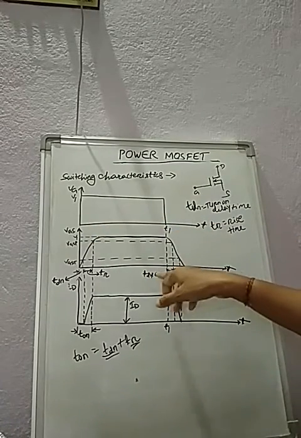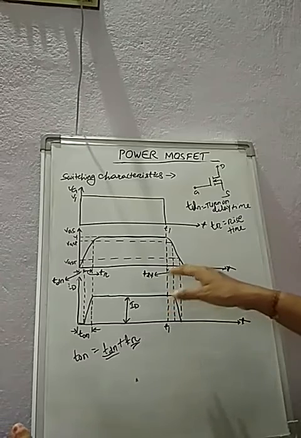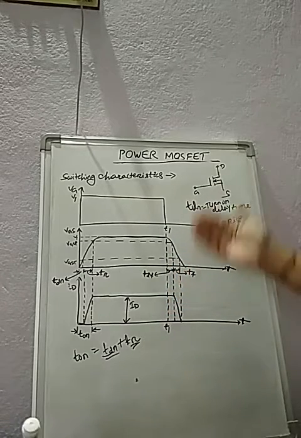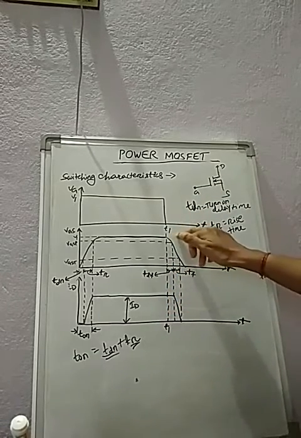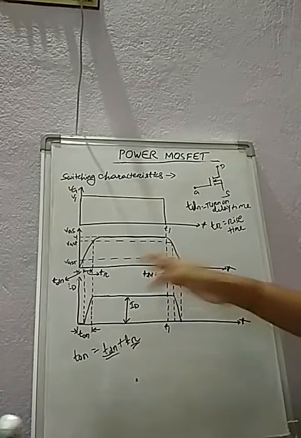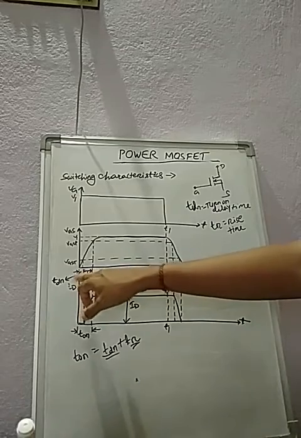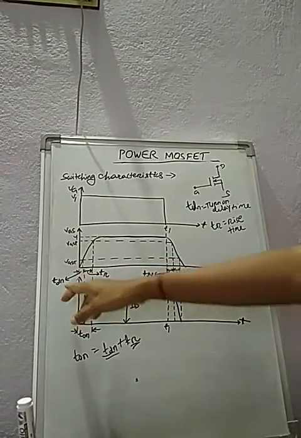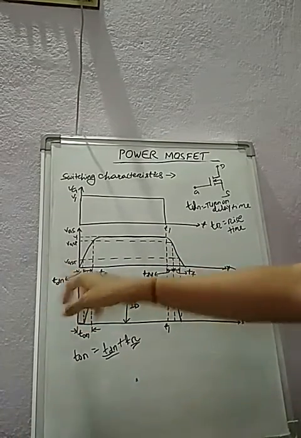So during the turn off delay time, the input capacitance discharges from this V1 level to the VGSP level.